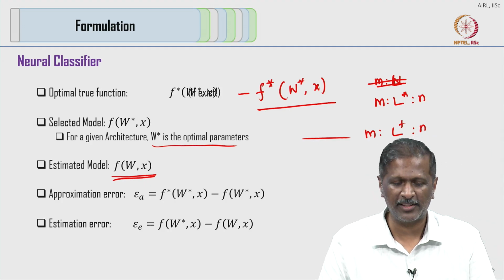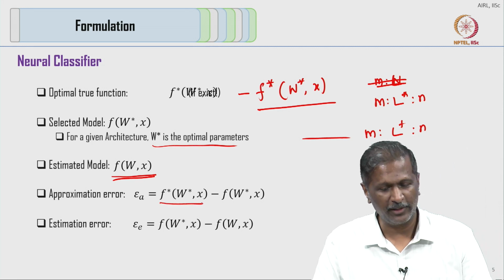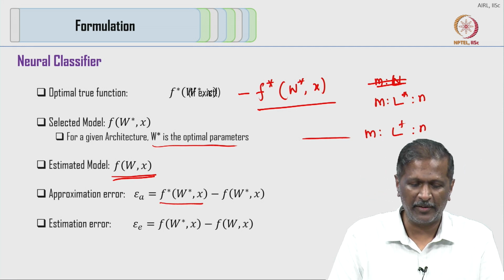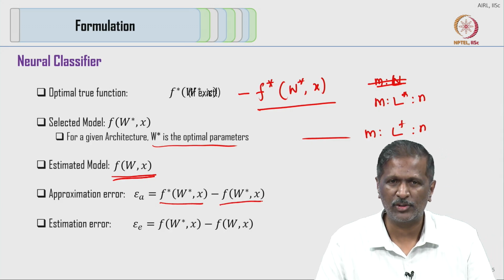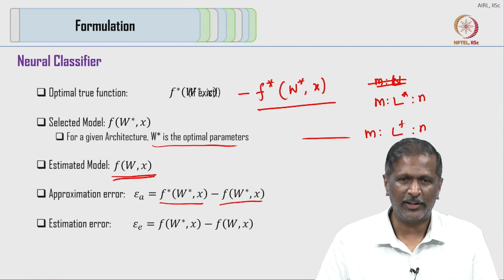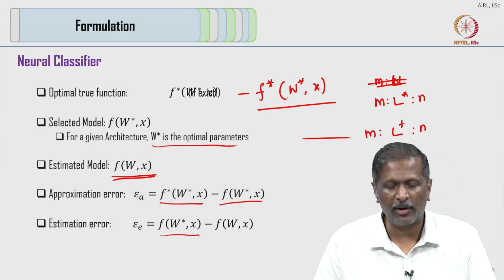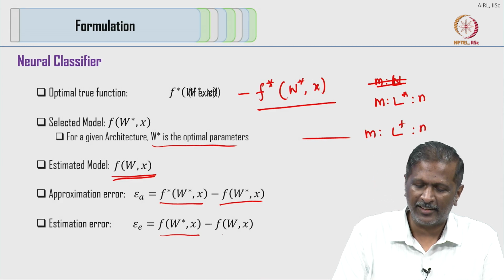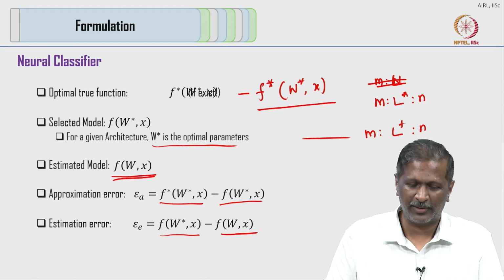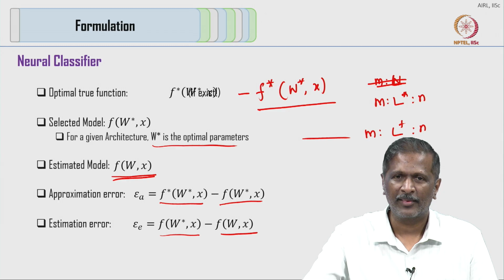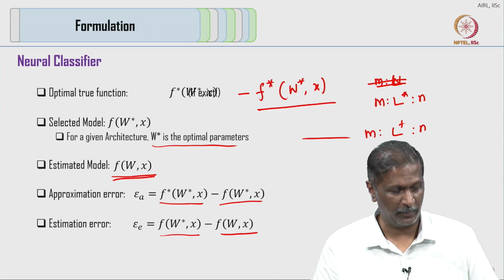What is my approximation error? This is the true function. Somehow I know the difference between the true function and f of W star, x. Estimation error is nothing but, for a given model, the local minima I can get, the corresponding W, right? The difference between that. That's my estimation error, right?